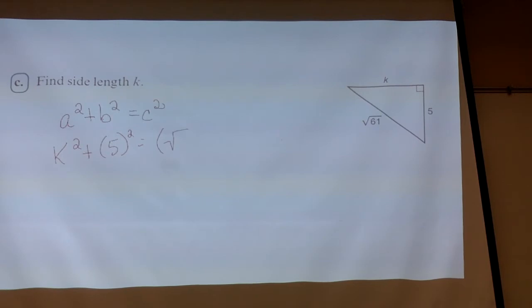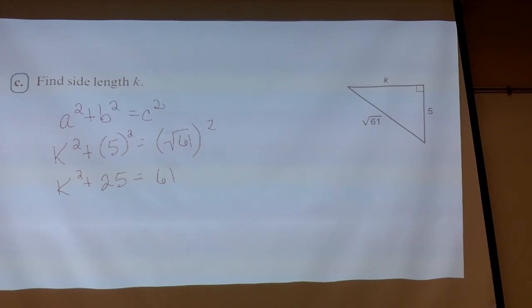Might be weird for you. Okay, and then I can go ahead and solve this. 5 squared is equal to 25. And the square root of 61 squared is just going to be a plain old regular 61.